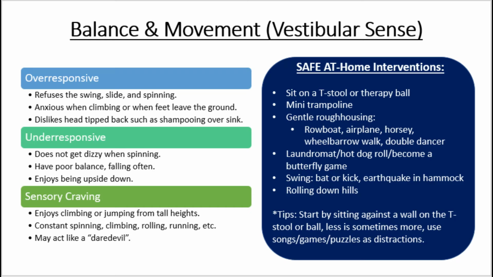Another thing is that with all of these activities, but with the vestibular sense in particular, less is sometimes more. So keep an eye on how they're doing. Are they still smiling? Are they still having fun? Are they still able to complete these activities?